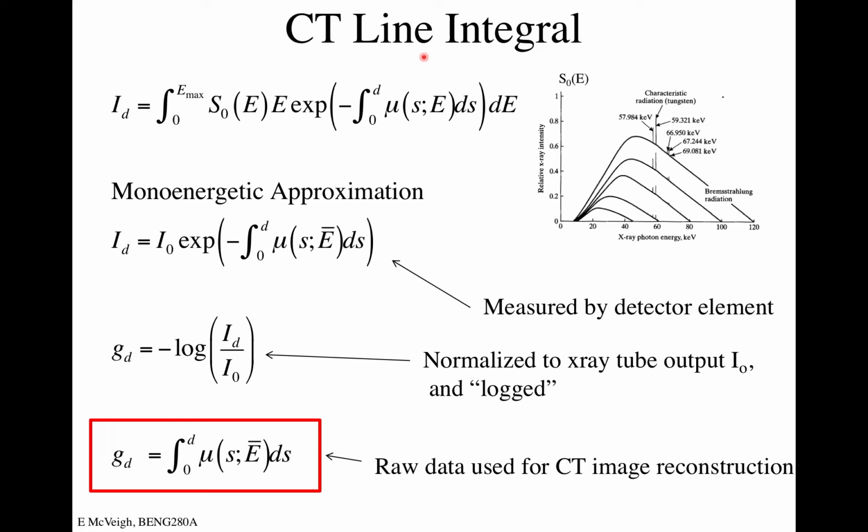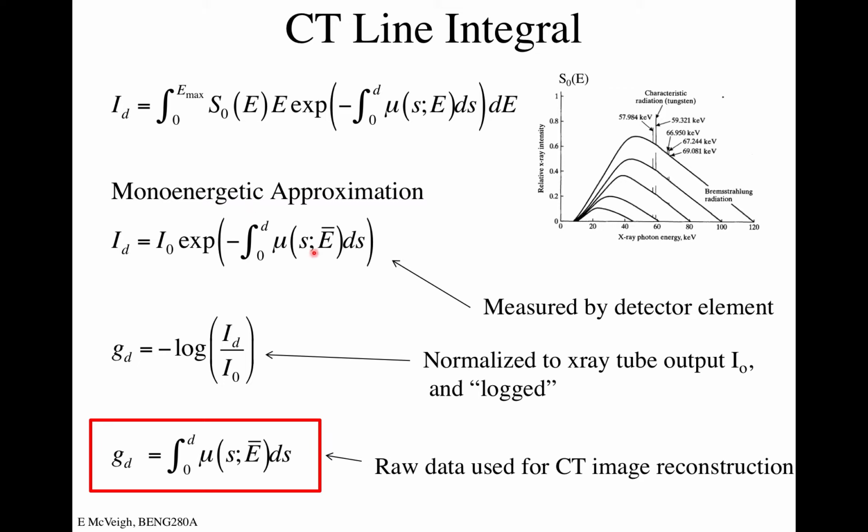So the CT line integral, which we talked about: the intensity at any detector is the integration from the beginning of the X-ray beam to the detector, 0 to D, of the linear attenuation coefficient through space as we go along that line, right? And then we add up all of the energies, so we do it across energies as well.